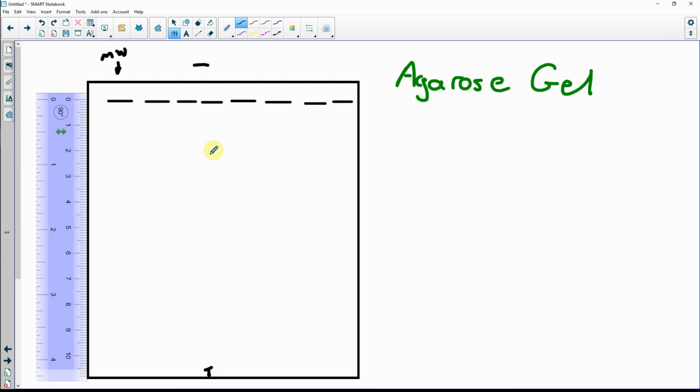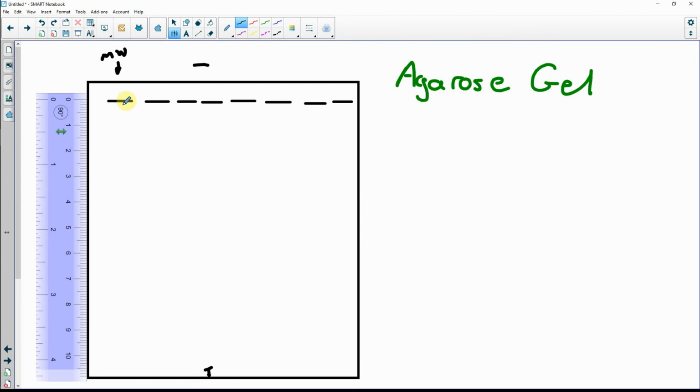Remember, running towards red. So DNA is actually negatively charged. If you know anything from physics or from 8th grade science, like charges will repel and opposite charges will attract. So the negative DNA wants to get away from the negative part of the gel, which means it runs down towards the positive side.